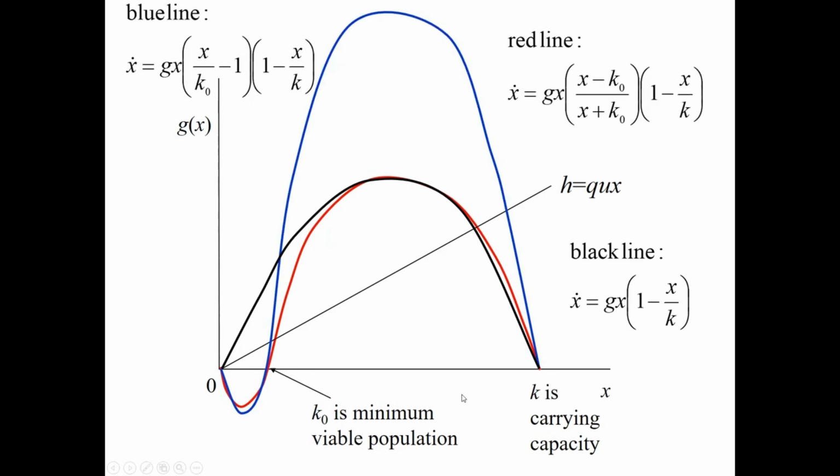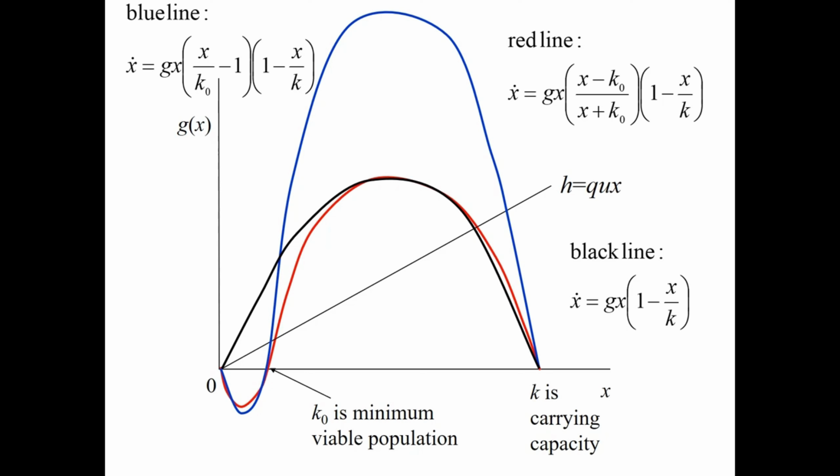Now, if we impose on this diagram the standard equation that is used in the textbook, this is equation 3.1d on page 77 in the textbook, which is referred to as the critical depensation equation.